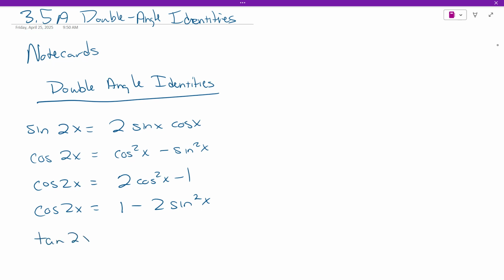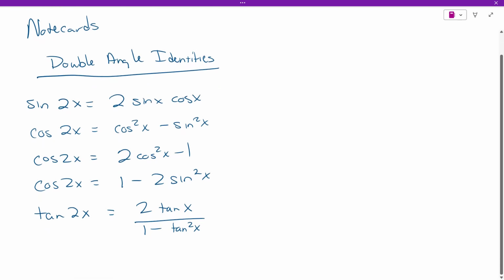The tangent of 2x is equal to 2 tangent of x over 1 minus tangent squared of x. Okay, so that is the double angle identity section of your note card.